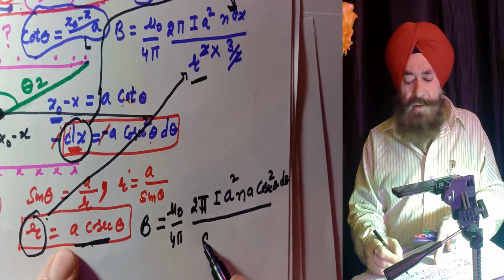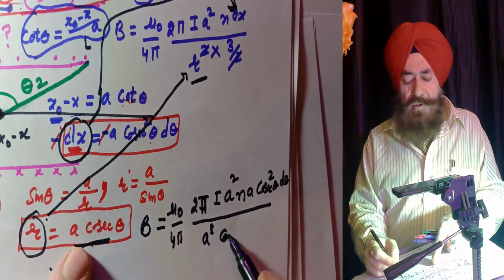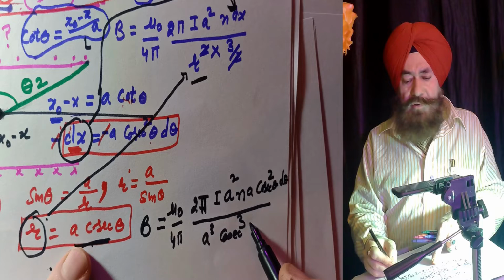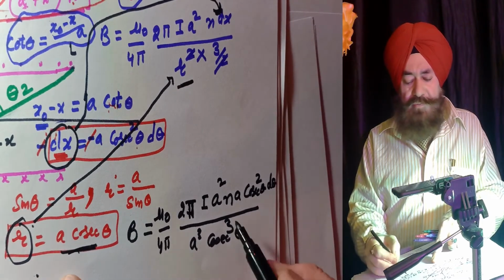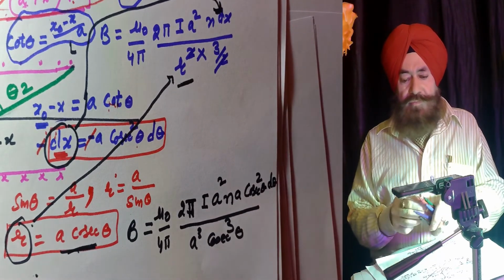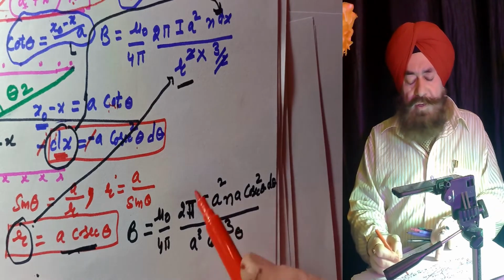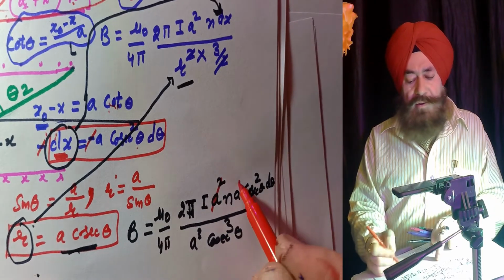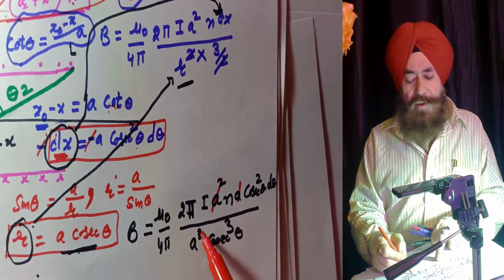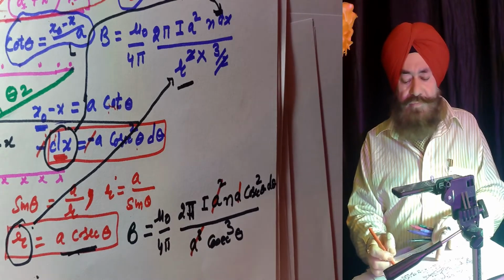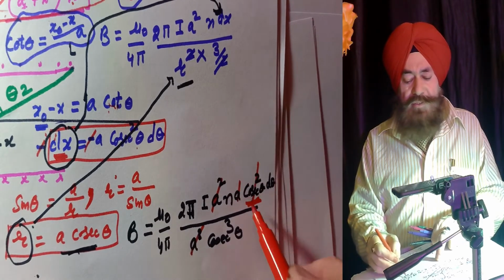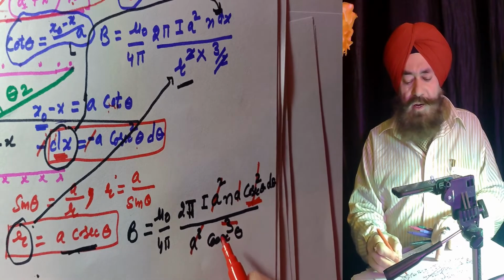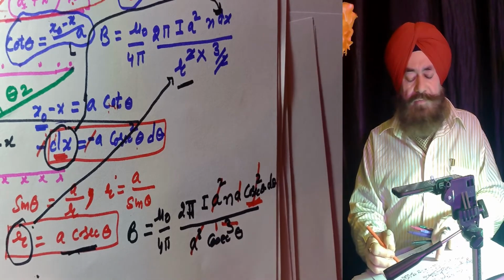R cube means a cube cosecant cube theta. Now what happens? A square and A, it is A cube, cancels. Cosecant square theta cancels with cube, left power only 1.